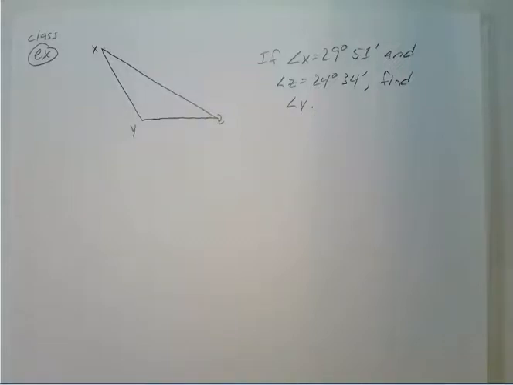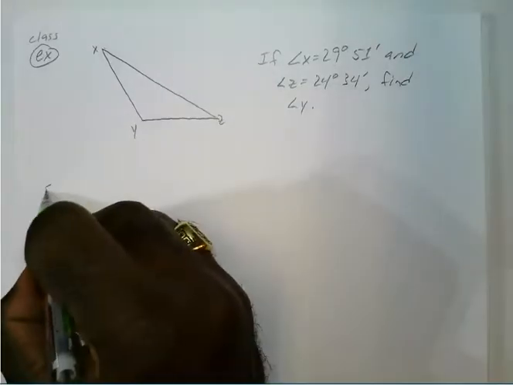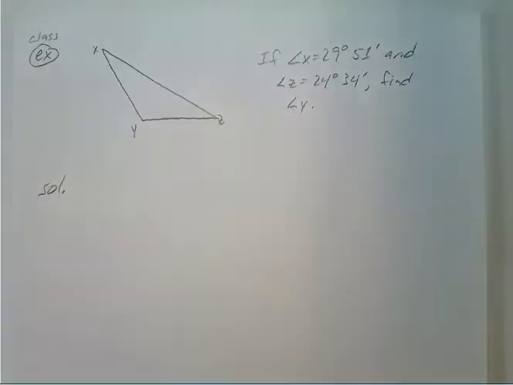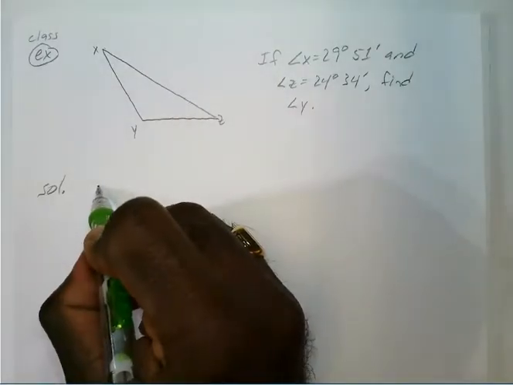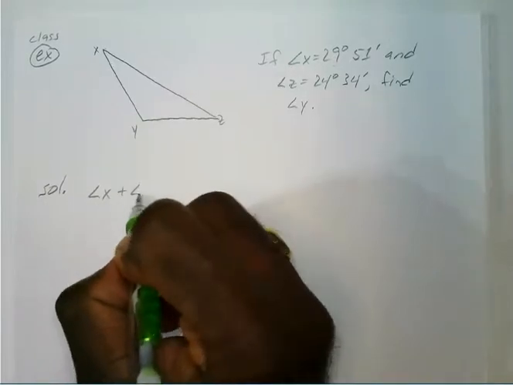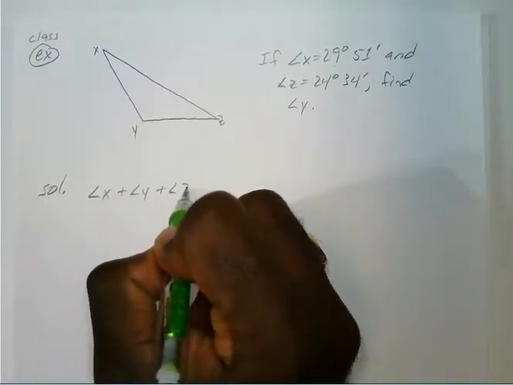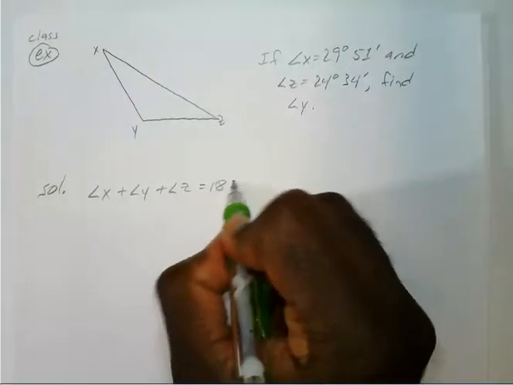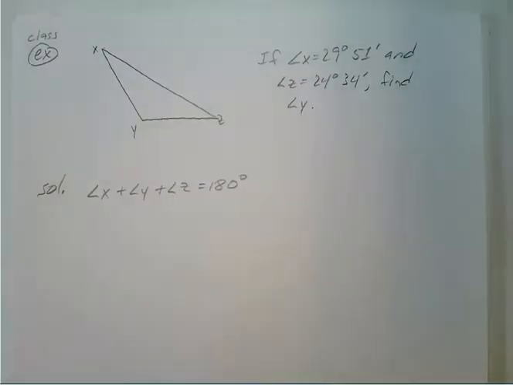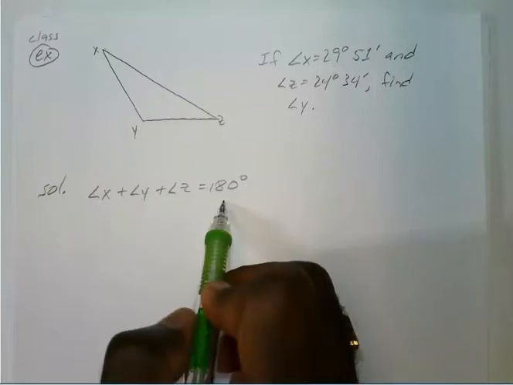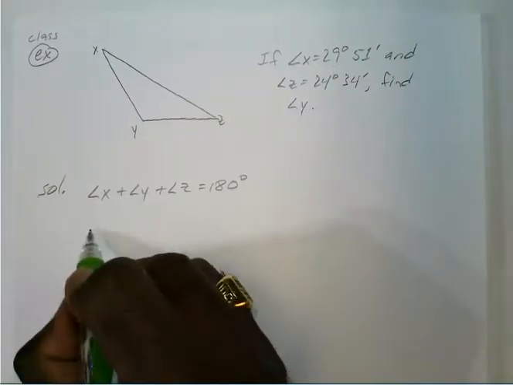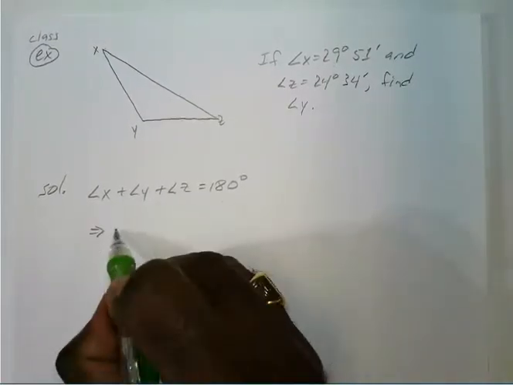All right, so I'm assuming you've pressed pause and finished it up. So let's go ahead and verify. First thing we know is that angle X plus angle Y plus angle Z equals 180 degrees. So if we're solving for angle Y, we're going to subtract angle X from both sides and angle Z from both sides, like we did before.